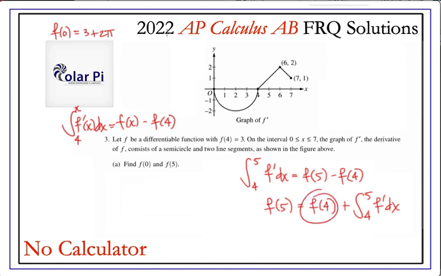And f of 4 is 3. So we go 3 plus the integral from 4 to 5, which is the area of this triangular region right here. So that's 1/2, base is 1, height is 1. So this is 3 and 1/2. So we write that somewhere to pick up later also.